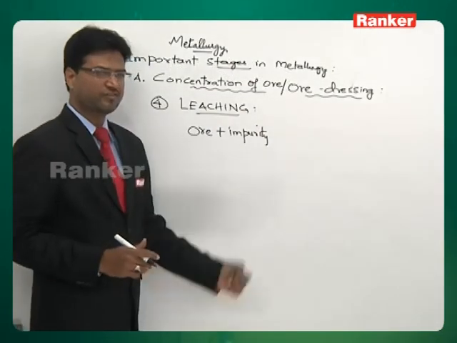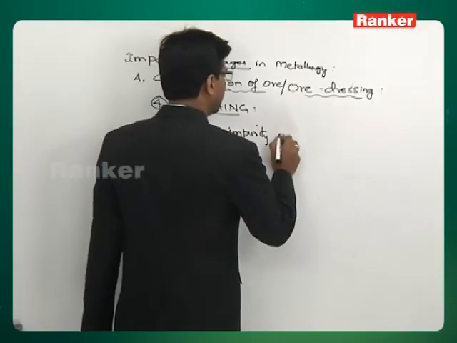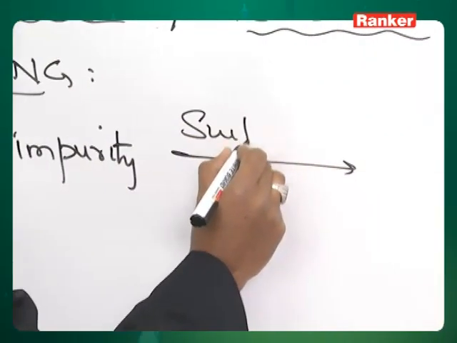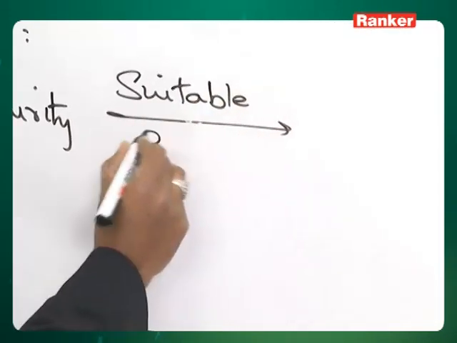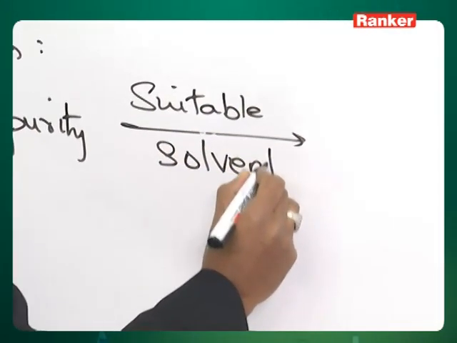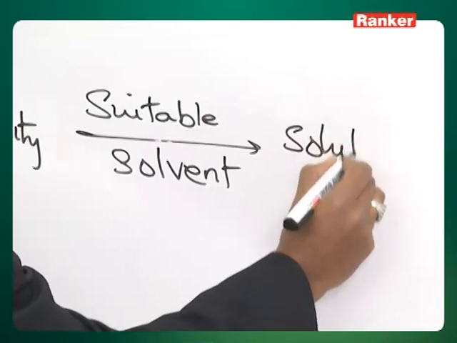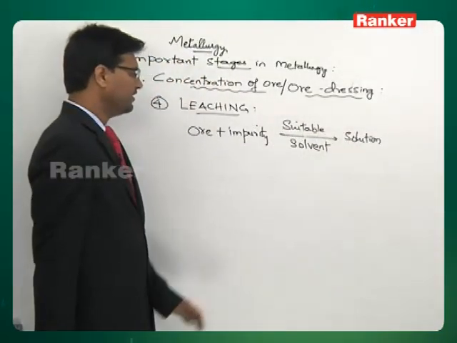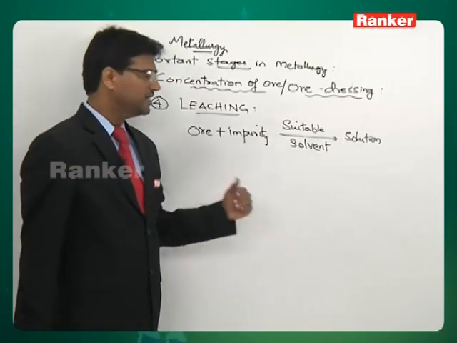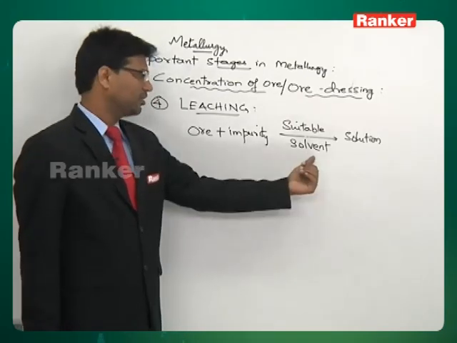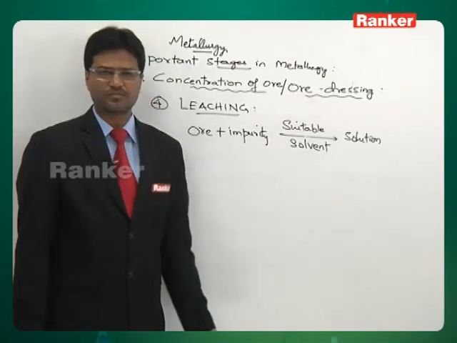Our intention is to get rid of the impurity. We add a suitable solvent, then we get a solution of the ore. We select a solvent in which the ore alone is soluble and impurities are insoluble.